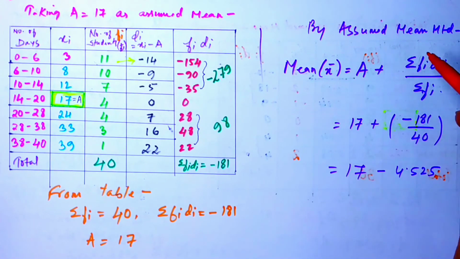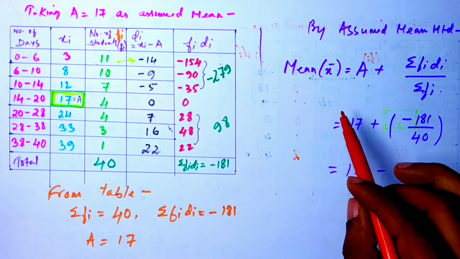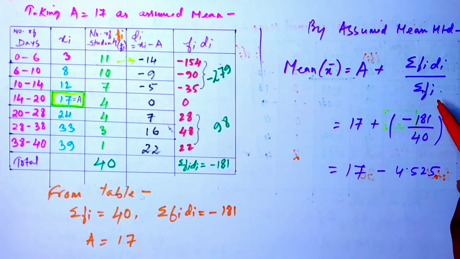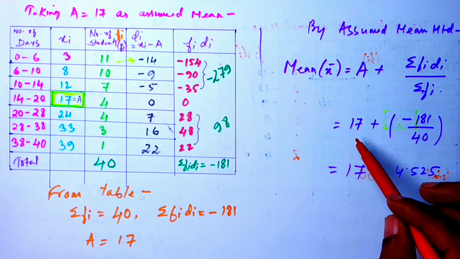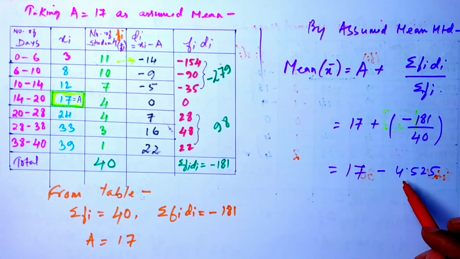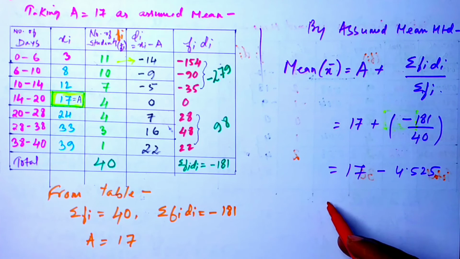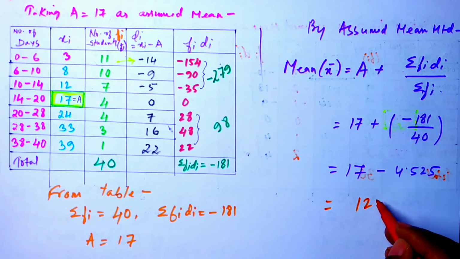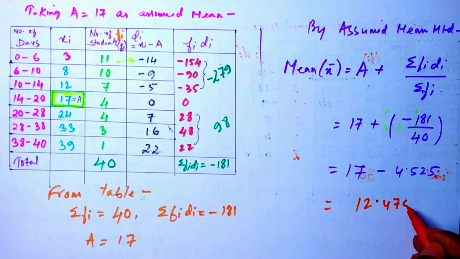So by the assumed mean method, the mean x bar is equal to a plus summation fi di divided by summation fi. We put in the values: 17 plus -181 by 40, which after dividing gives -4.525. Then subtracting 4.525 from 17, we get 12.475.